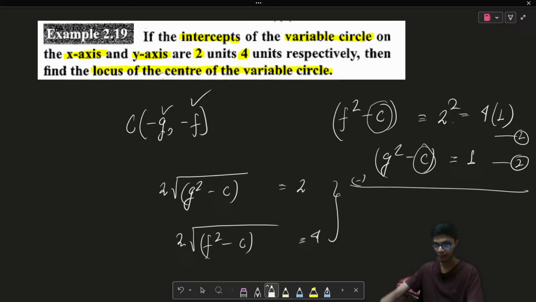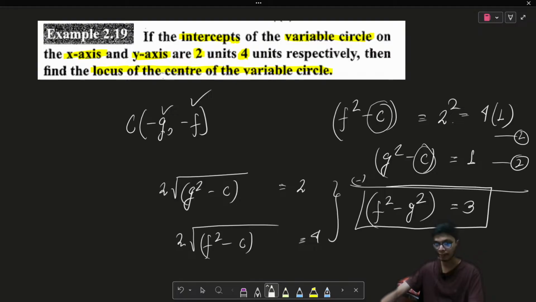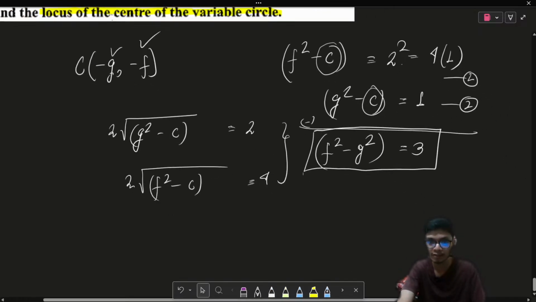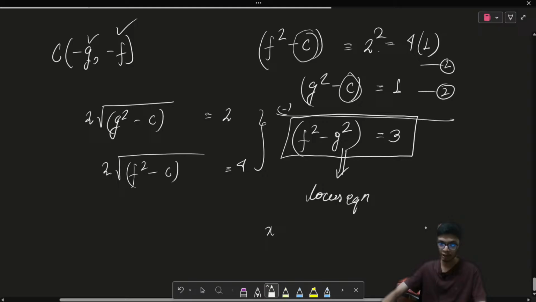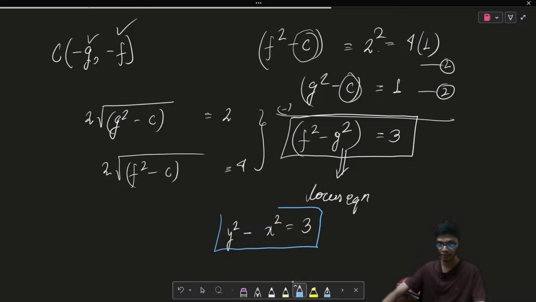So if I just subtract, I will get f square minus g square coming out to be 3, right? So this is a mathematical equation consisting of f and g, which is devoid of any other variables, right? Therefore the equation of the locus I will obtain by just replacing f and g with x and y, and that should come out to be y square minus x square is equal to 3.